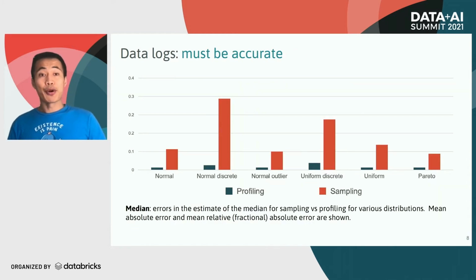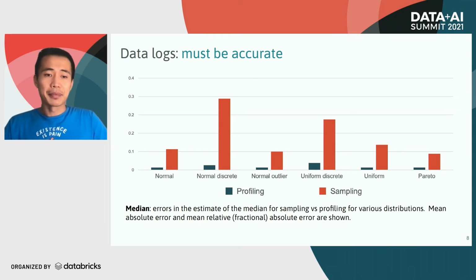Another thing about profiling is that when you apply techniques such as HyperLogLog, which I'll discuss a bit later, you can achieve really high accuracy compared to sampling, while keeping the performance lightweight and the memory footprint small. We ran some analysis on sampling versus the popular profiling techniques implemented in whylogs, and show the difference in terms of accuracy here.